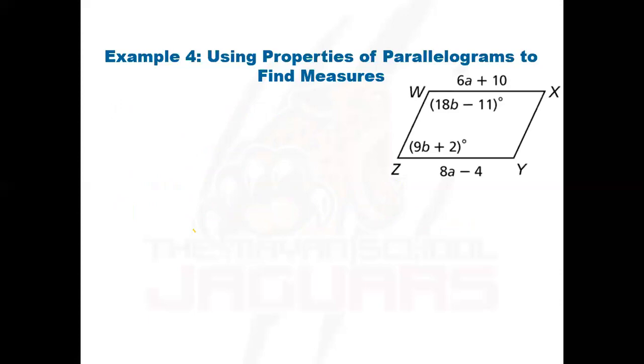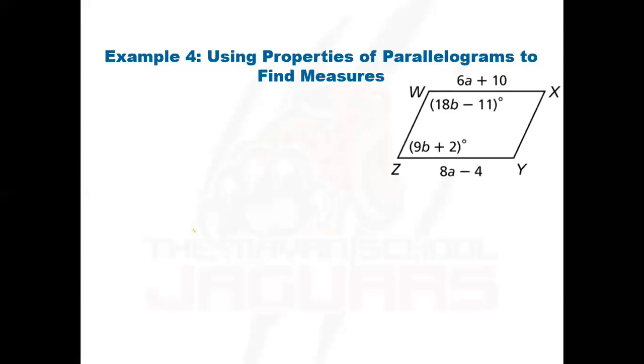Let me start over. I was telling you that I need to find the length of the segments WX. Let me find the value of the A. Sorry guys, I don't know what I did, but everything got erased.